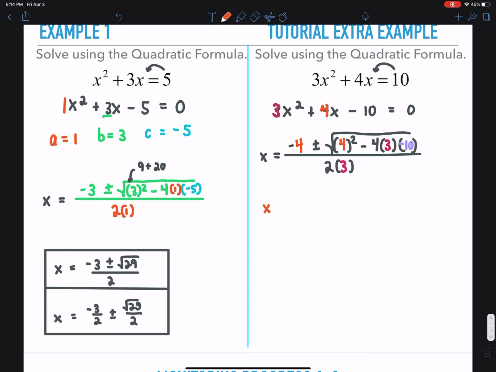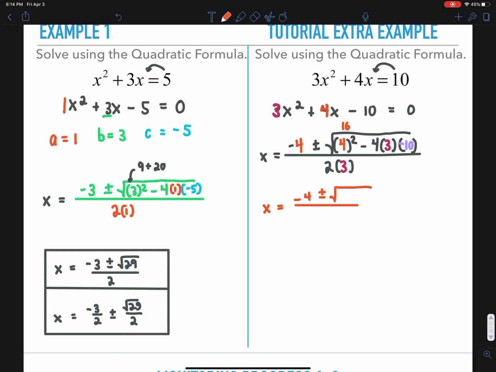So cleaning this up a little bit, we end up with x equals negative 4 plus or minus, I guess I didn't need that long of a line, the square root of, so 4 squared is 16.